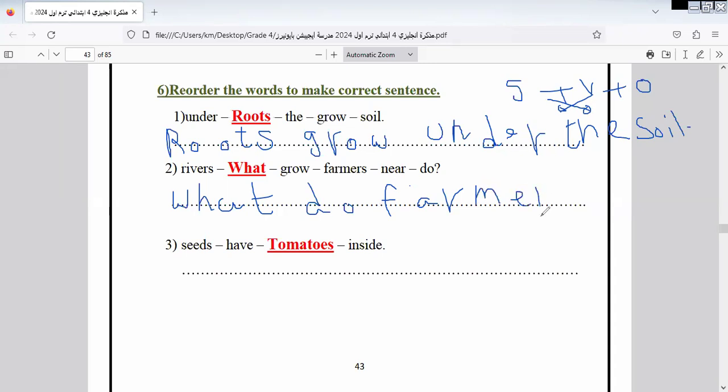What do farmers grow near rivers? Near rivers. And don't forget to put the question mark at the end of the sentence, okay? If we have a sentence in the question form, we must put the question mark at the end of the sentence to not miss half marks, okay?